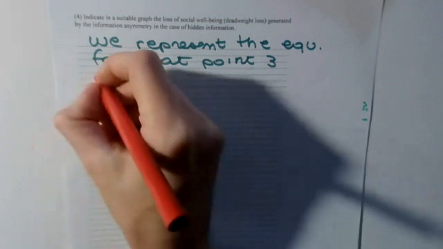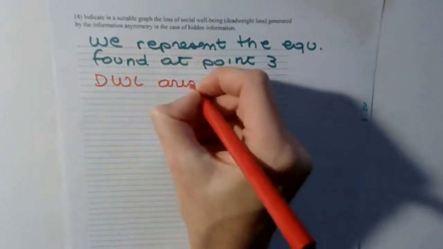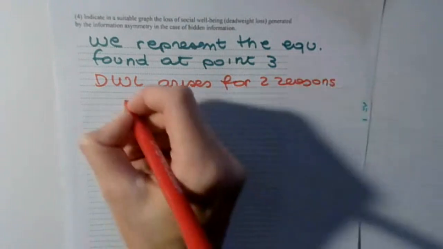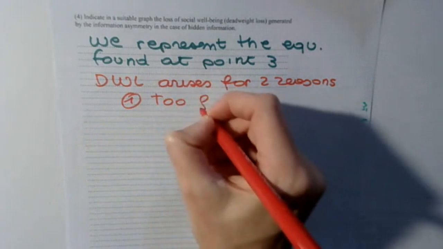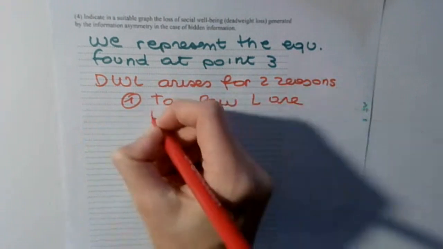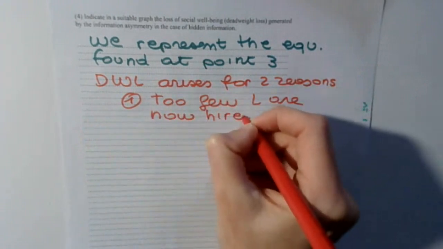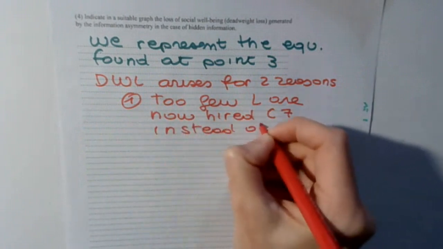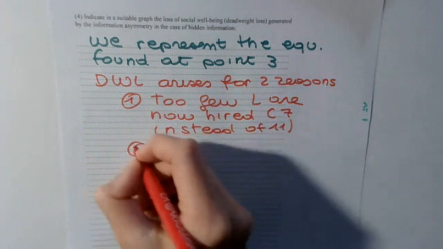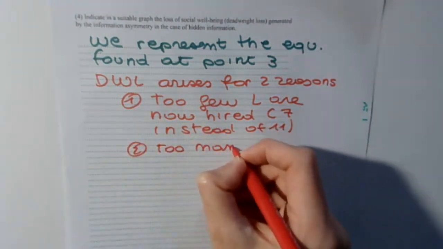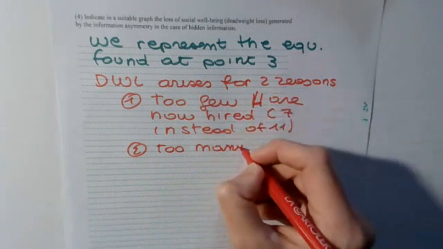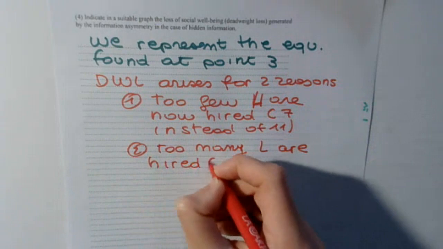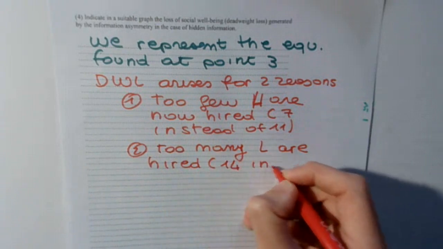So basically, deadweight loss arises for two reasons. The first one is that too few H are now hired, in particular 7 instead of 11, and too many L are hired, basically 14 instead of 12.